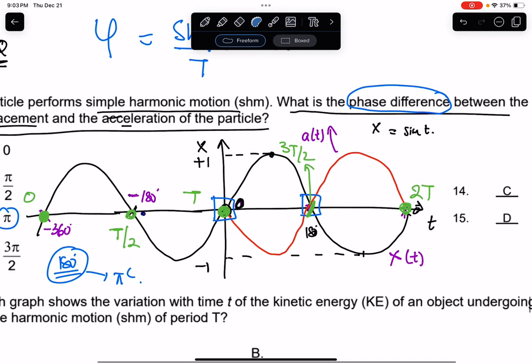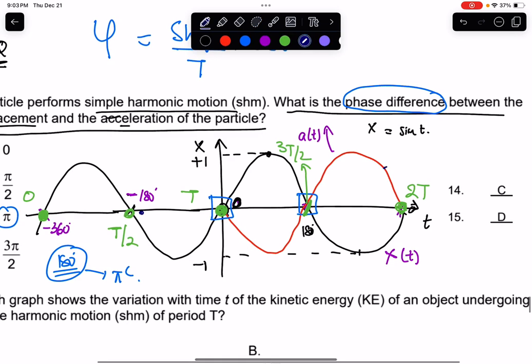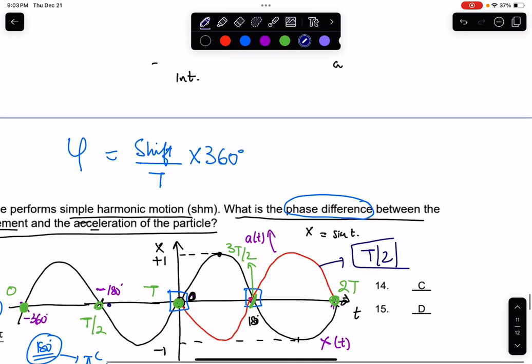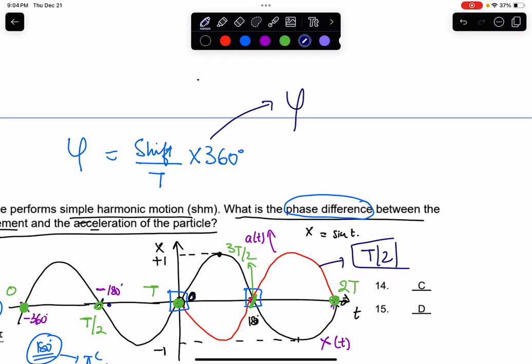Therefore, in terms of time, the difference between these two functions comes out to a period of T by 2. If you look at the phase shift, the phase angle phi is the shift divided by T times 360. Let's call this 2 pi radians.